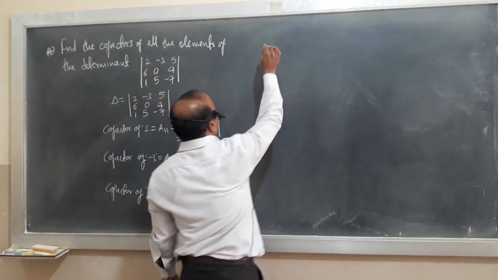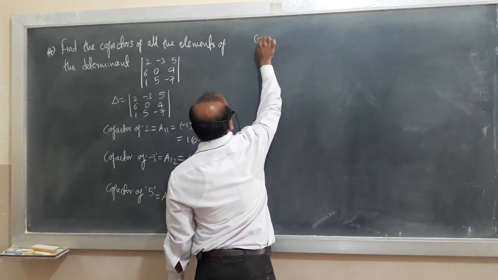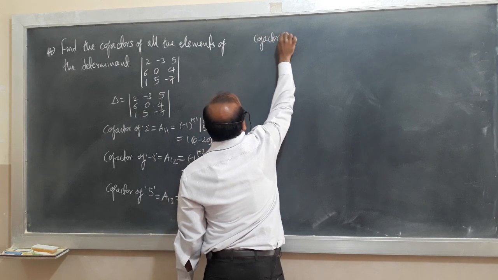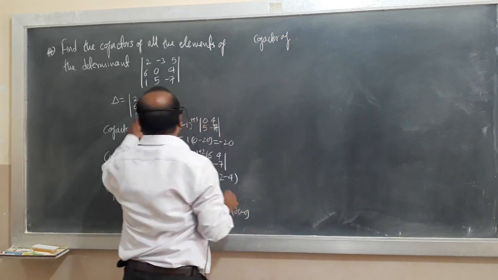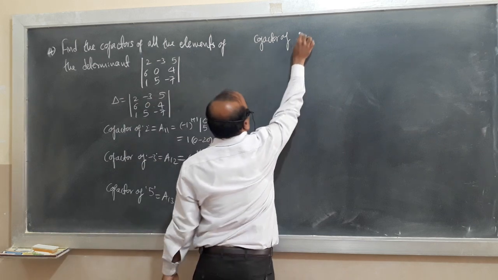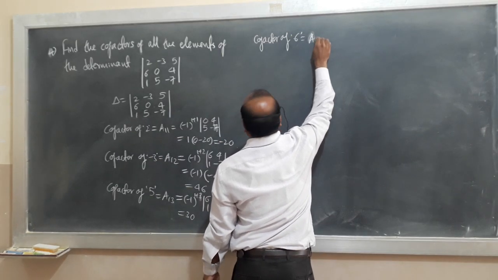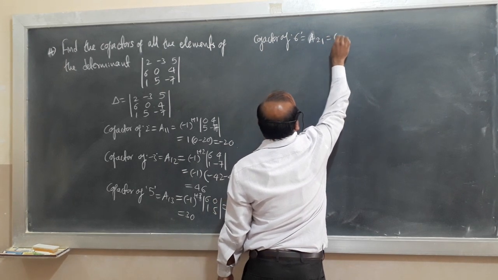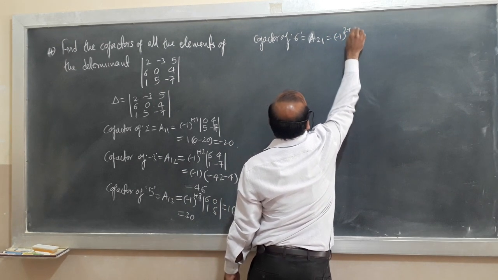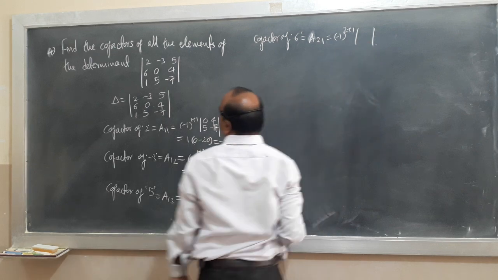Next, we go for the cofactor of the next element, 6. It is given by a21. It is (-1) power 2+1 into the minor.